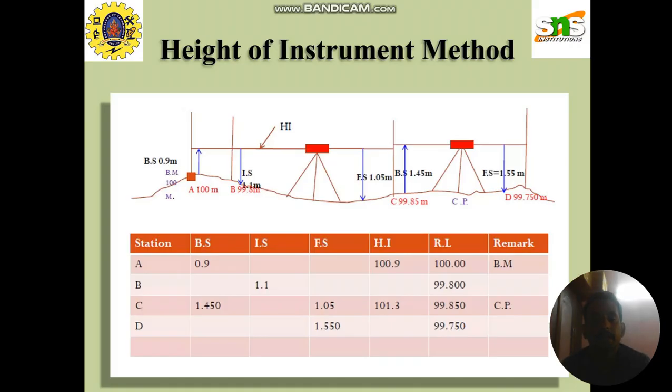So in order to obtain the reduced level for point B, you have to subtract the intersight reading from the height of instrument. That is 100.9 minus 1.1, that is 99.800, which will be the reduced level of station B.